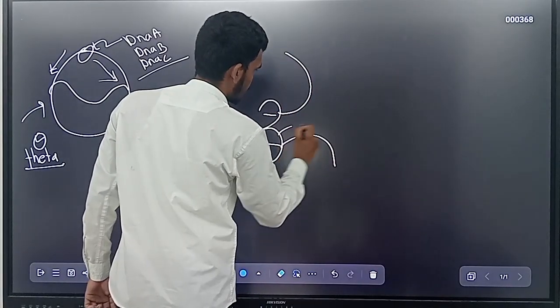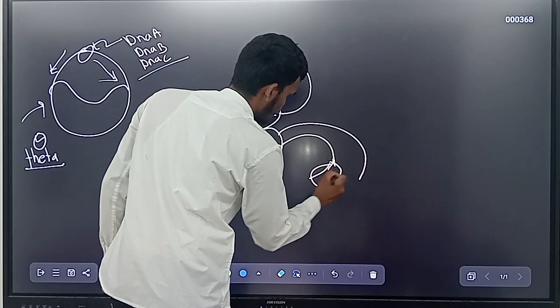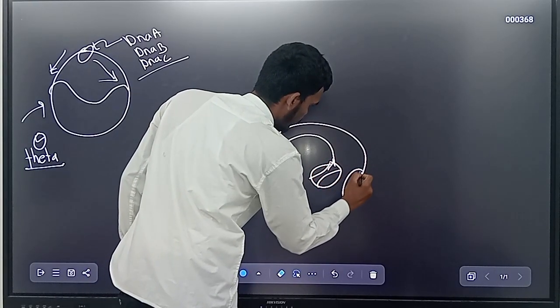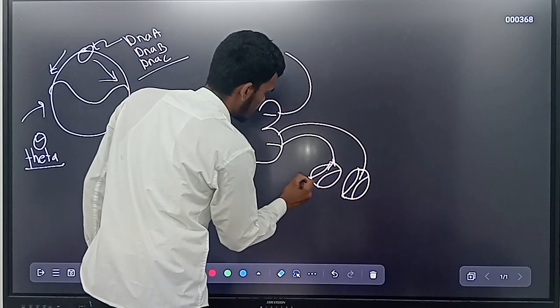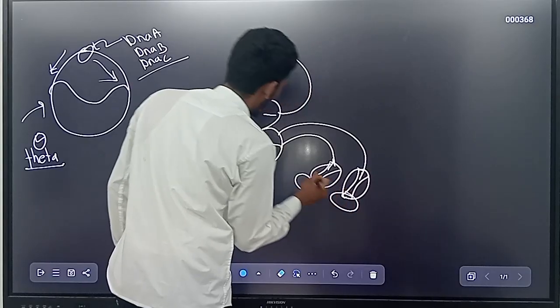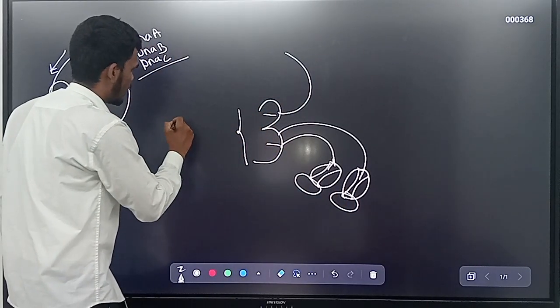When the origin of replication is formed, DnaA, DnaB, DnaC will get bound to each replication fork.